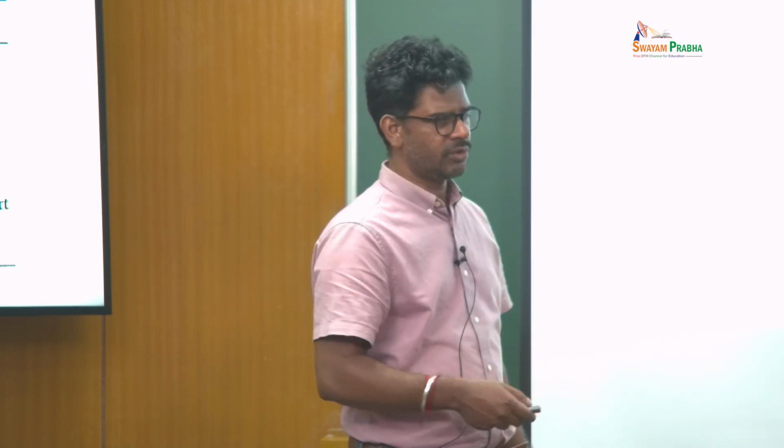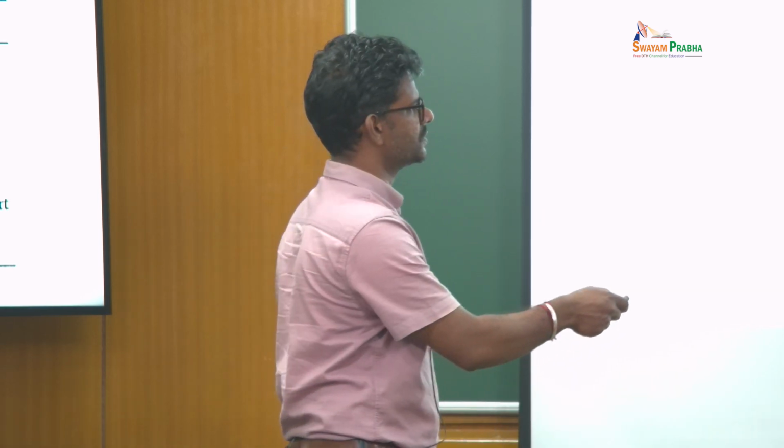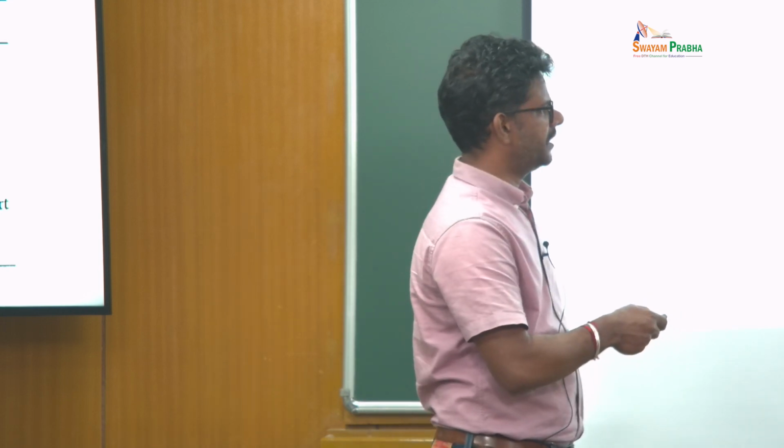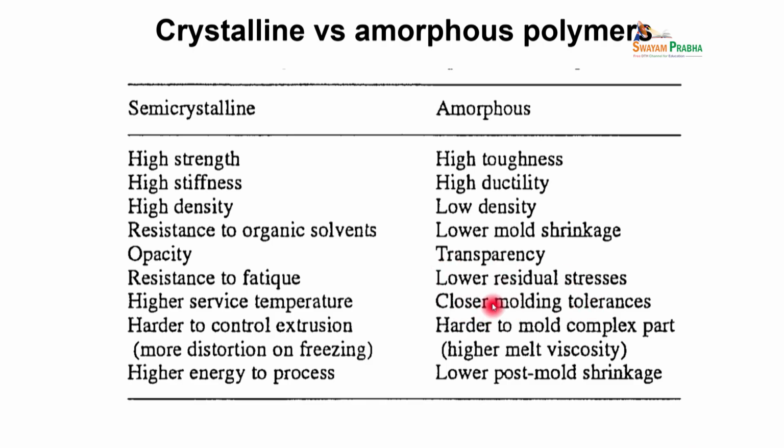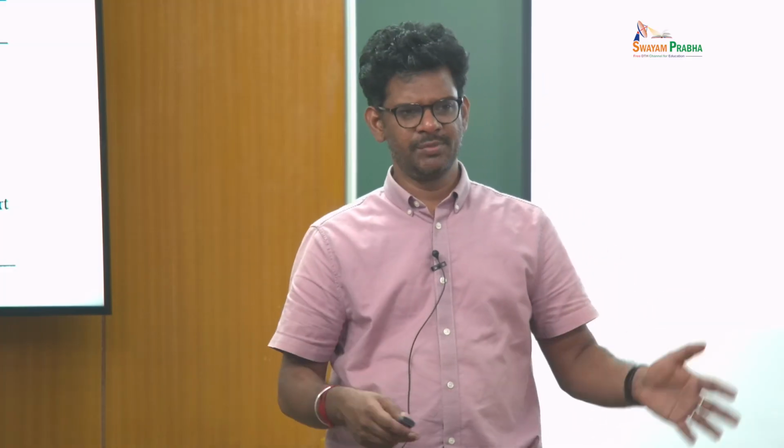It could also have lower mold shrinkage. What that means is when you mold a polymer into a particular form and it dries, there will be some shrinkage effect. This shrinkage is minimal if you have an amorphous polymer, and it can be transparent and have less residual stress. These are other operating conditions. When you try to make polymer into different molds, there are several issues: shrinkage, moldability, and other things.